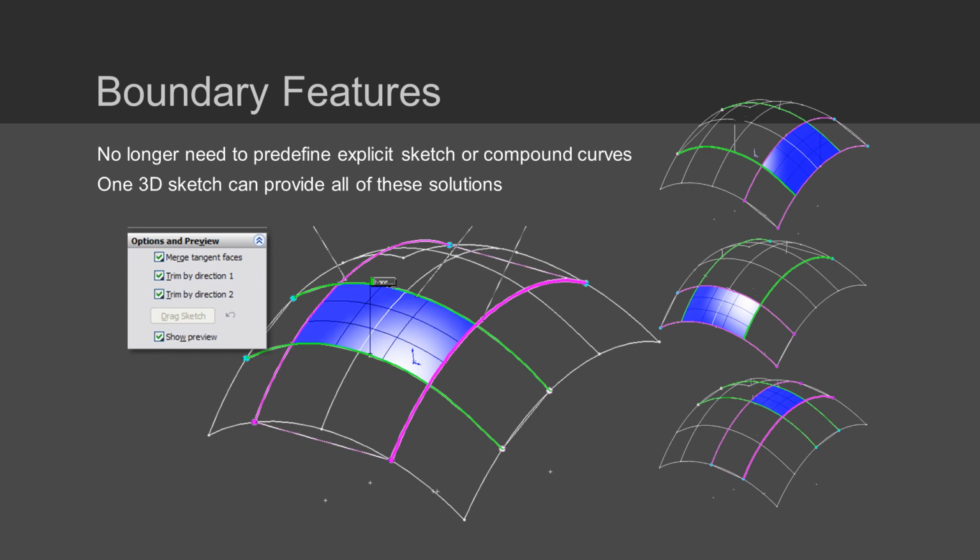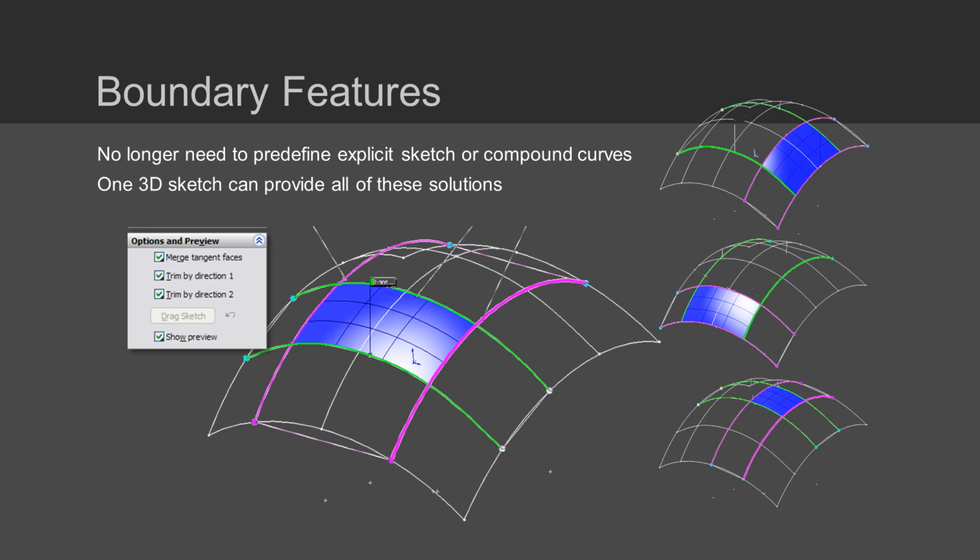Another important feature of Boundary is the way it is integrated with the selection manager and the option or control you have to actually define curves on the fly. That is, you have little meatballs that you can move to delimit the curve. You can also use options called trim by one or trim by two direction.